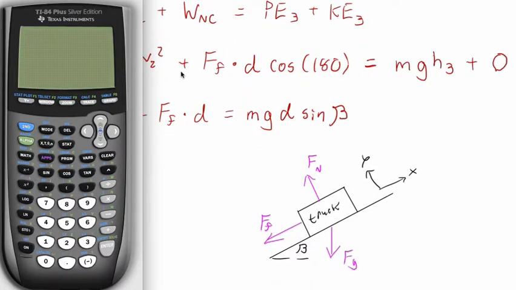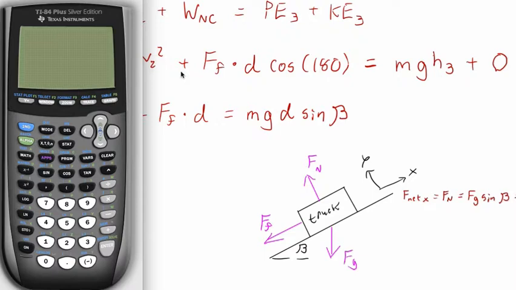Okay, so what we need to do then is just solve for the friction force. What we know is we have F net x is going to be Fg sine beta in the negative direction, and in the positive direction we have the normal force. So we have Fn. Okay, that's going to equal 0.